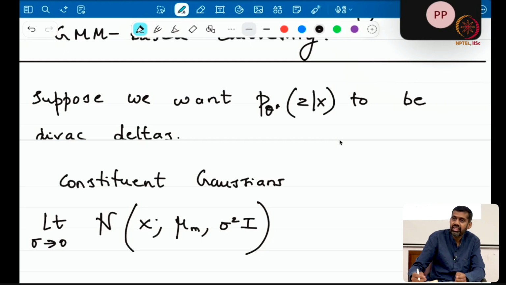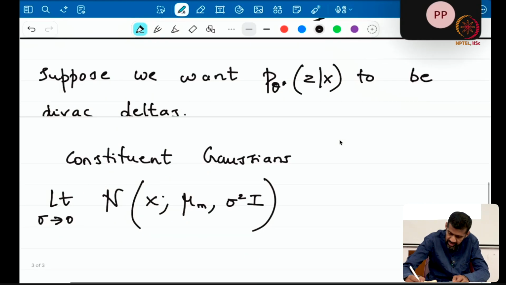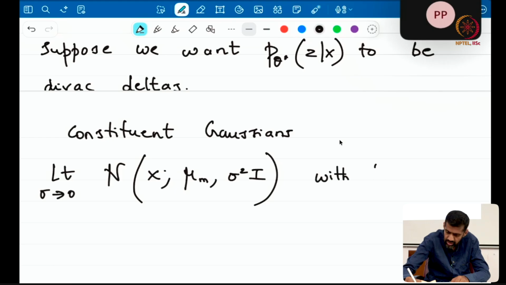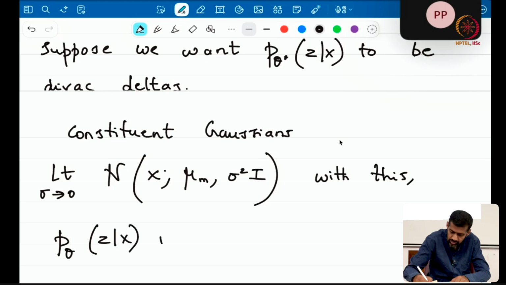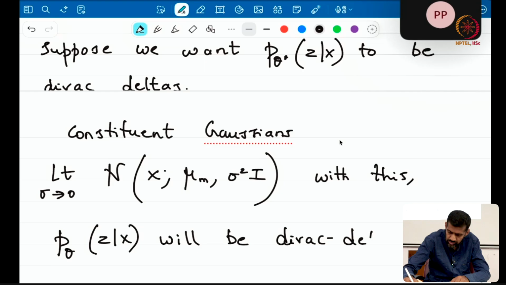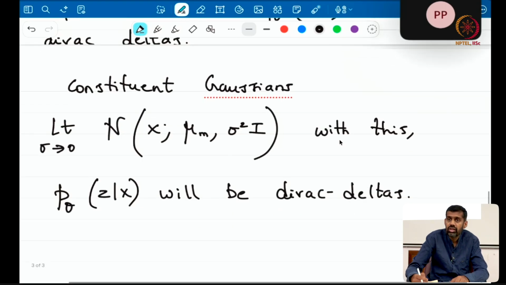If you do this, all of these posteriors will become Dirac delta. So what does that mean? A given data point with probability 1 belongs to only one cluster, one of the constituent Gaussians, not all of them.